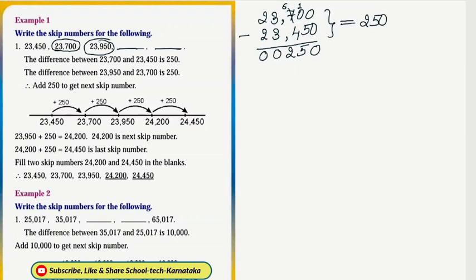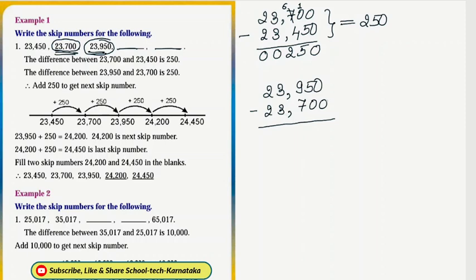Similarly, now we need to find the difference between these two numbers. As we have done already, we subtract this number and this number, that is 23,950 minus 23,700.